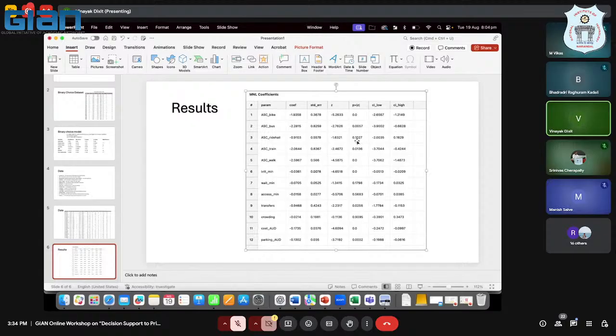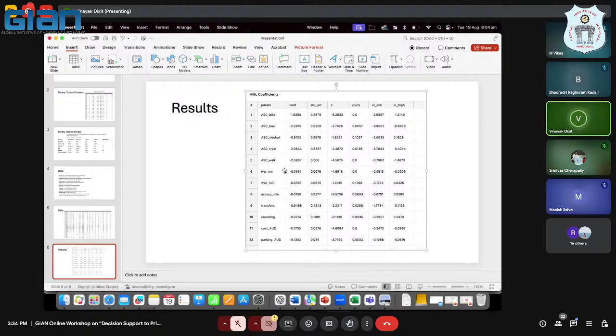Making sense? Yes, sir. Okay, so there are 2 points which we made. One is putting the formula and the second is the ASC.